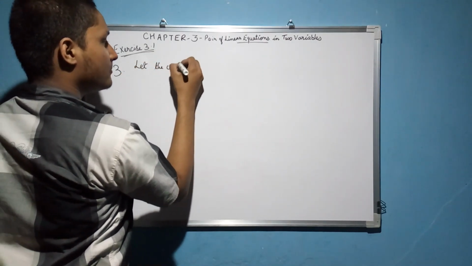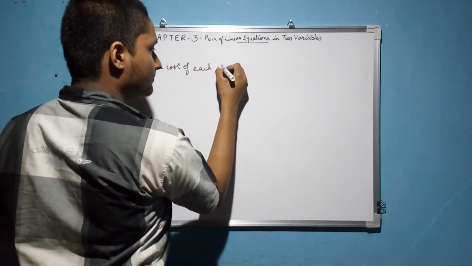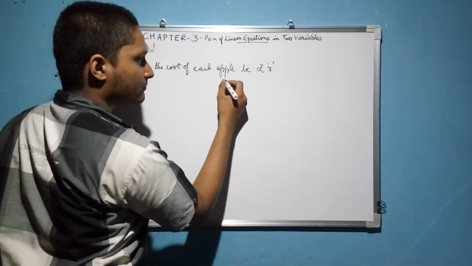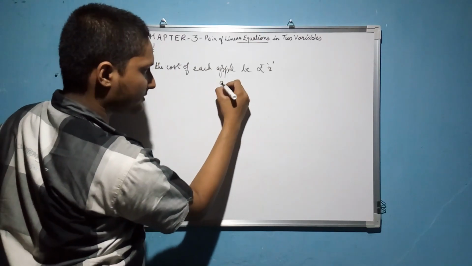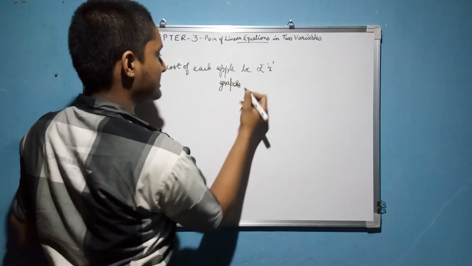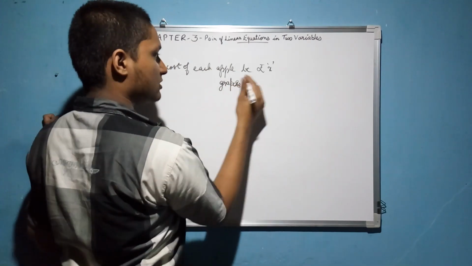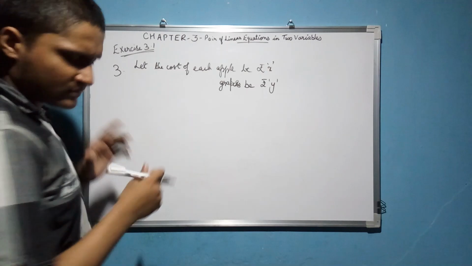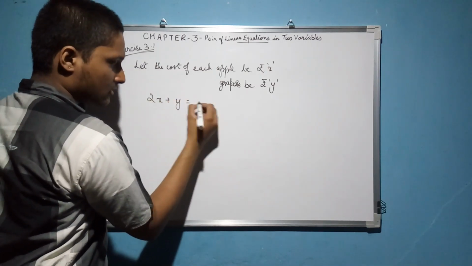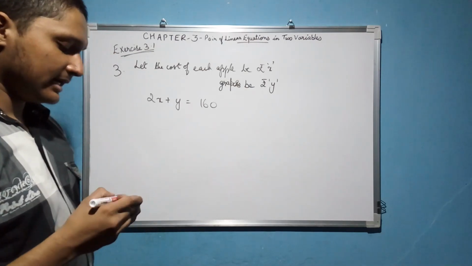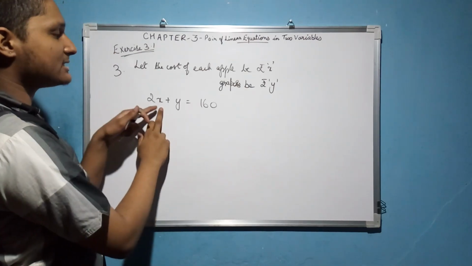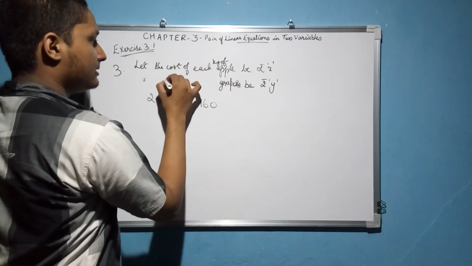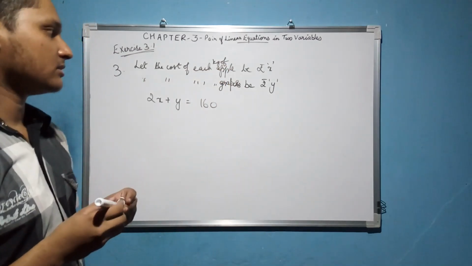Let the cost of each kg of apples be rupees x, and that of each kg of grapes, they are giving kg, be rupees y.